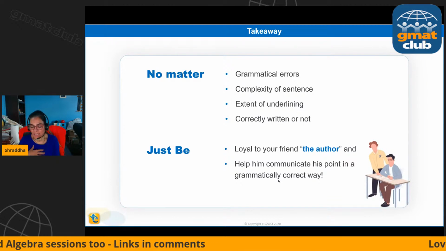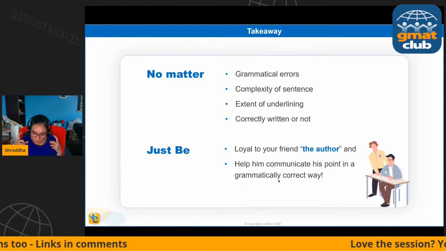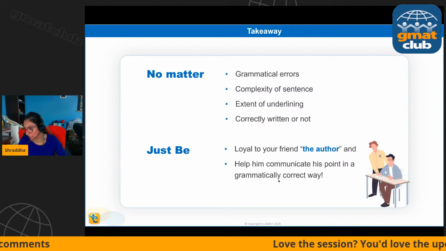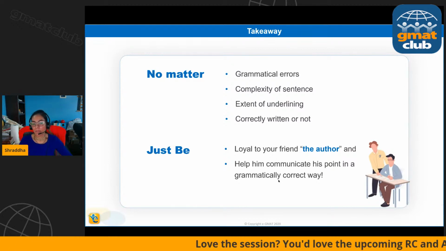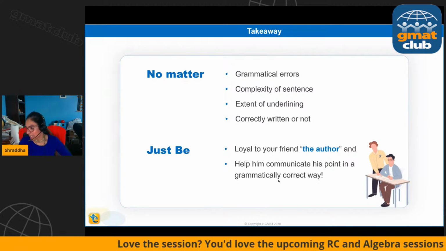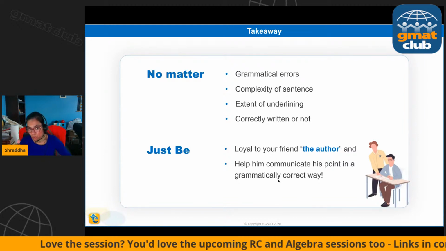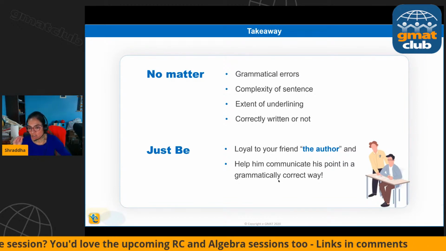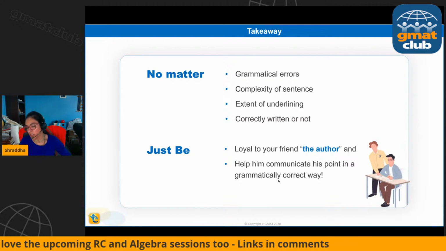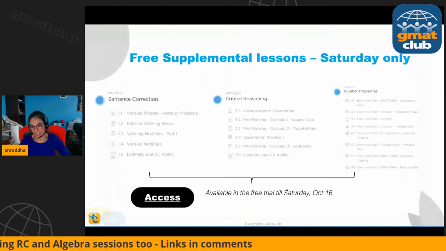We first need to understand the story that the author wants to present, and then we help the author in correcting that sentence. Through this process, we try to get into the shoes of the author so that we can write correct sentences.